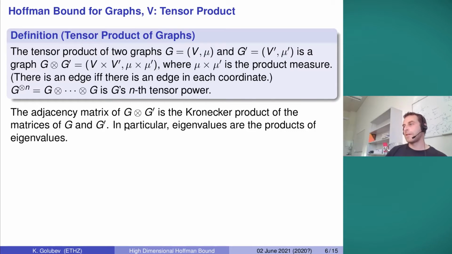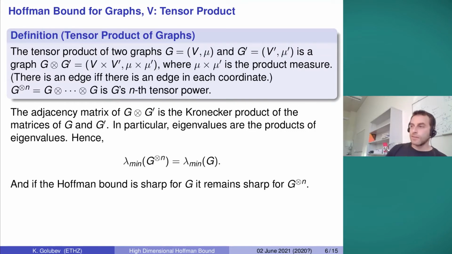And then the eigenvalues are exactly the products of the eigenvalues. If you take a tensor power of a graph, then its smallest eigenvalue remains the same, because the smallest you can get is the smallest you had multiplied by 1, since this thing is negative. In absolute value you can get smaller things, but you're looking for the smallest negative.